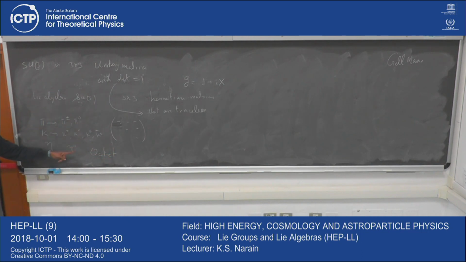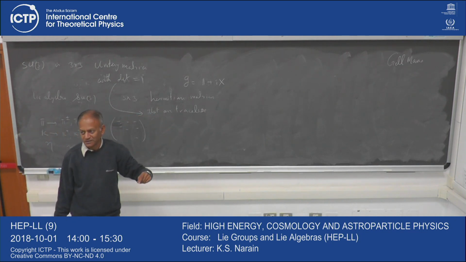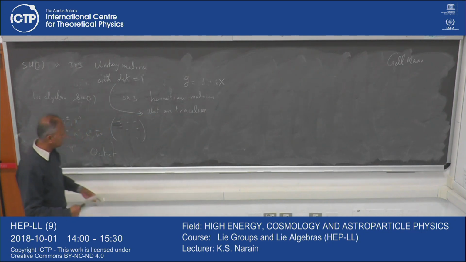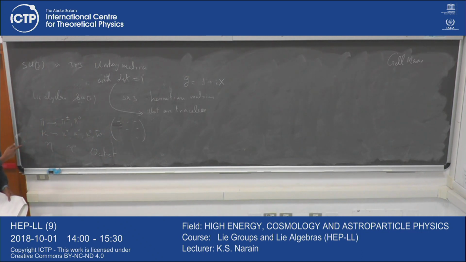There are 8 particles, and that exactly corresponds to the SU3 adjoint representation. So there was some SU3 group acting on these 8 of them in the adjoint representation. This was his original motivation. That's how these groups were introduced in particle physics.